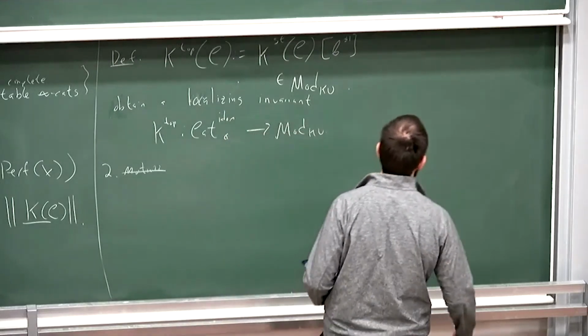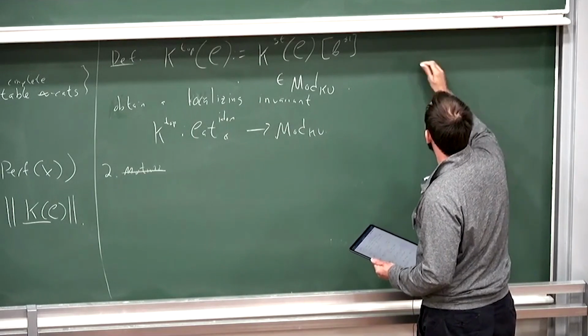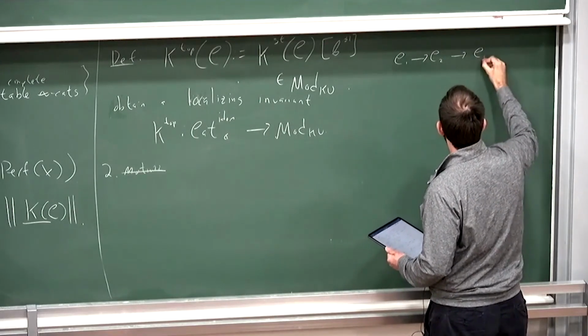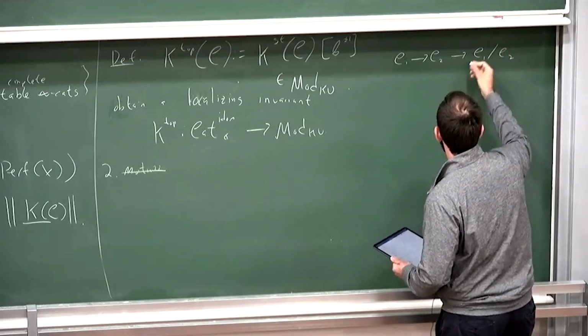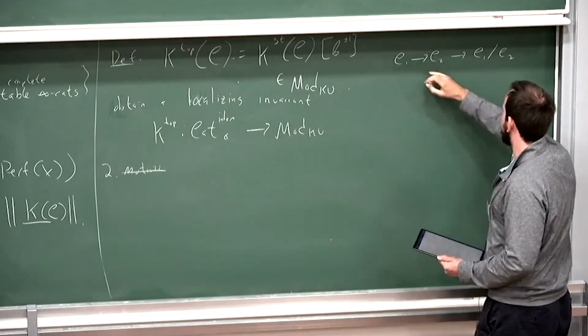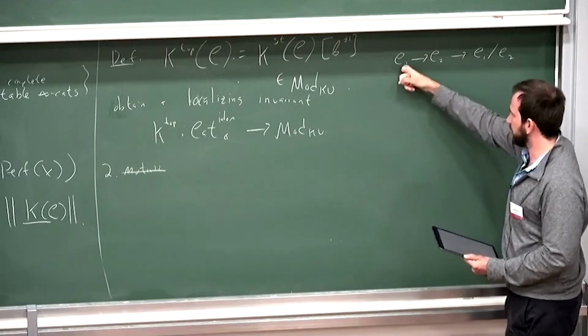You have a notion of exact sequence of DG categories. This is like the cone of this map.